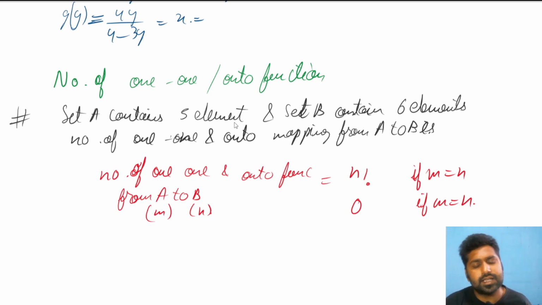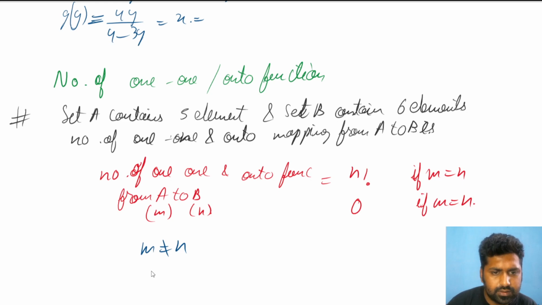So since A has 5 elements and B has 6 elements, m is not equal to n, therefore the answer is 0. So remember this condition.